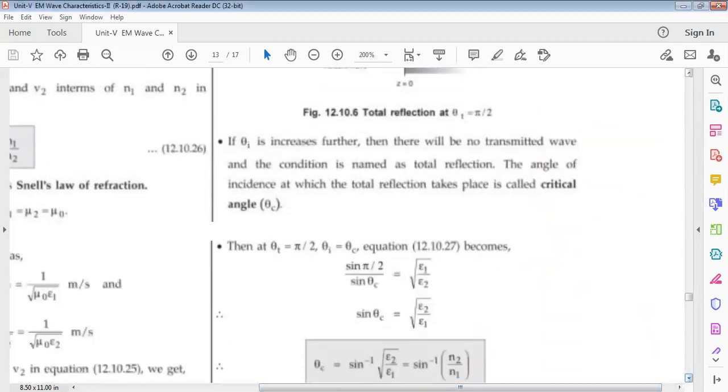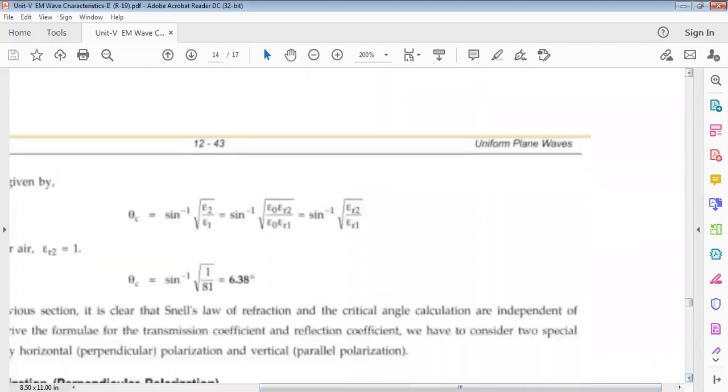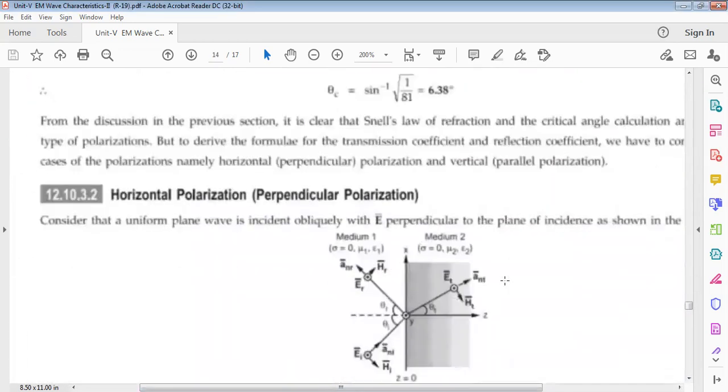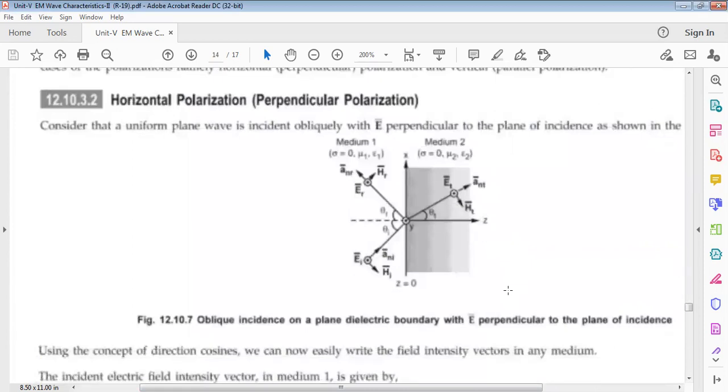Now we go for vertical polarization and horizontal polarization. First is horizontal polarization of a uniform plane wave at a dielectric boundary. Horizontal polarization is also called E-polarization, or perpendicular polarization.